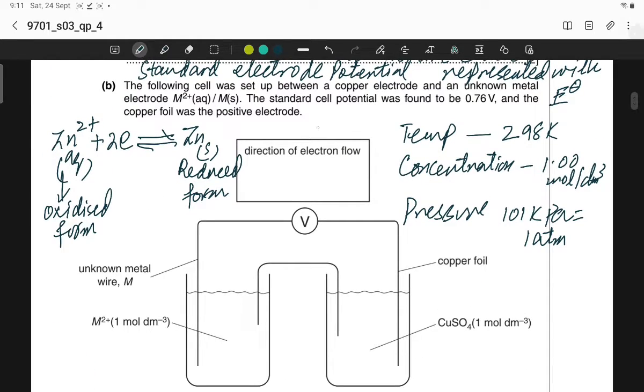The question shows the standard cell potential was found to be 0.76, and the copper foil was the positive electrode.